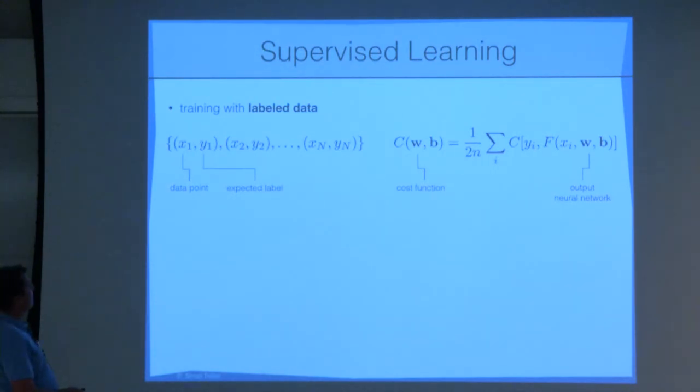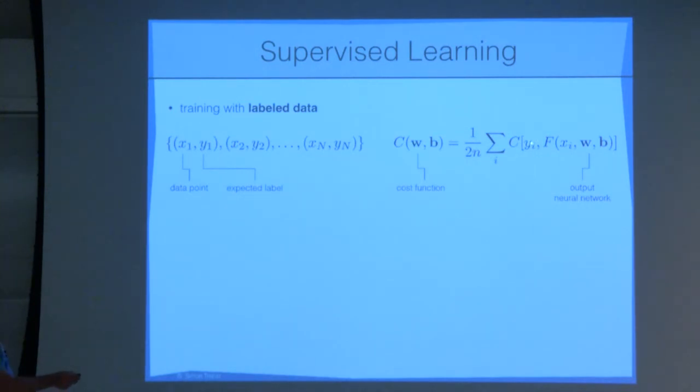Supervised learning means that I train with labeled data. Training always means I set the weights and the biases in the neural network. And labeled data means something like this: I have a data point and an expected label. We have an input and we have some desired output. Then I have a cost function, and the cost function works generally like this.